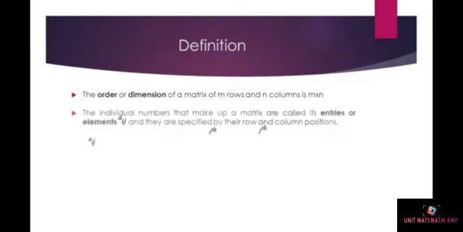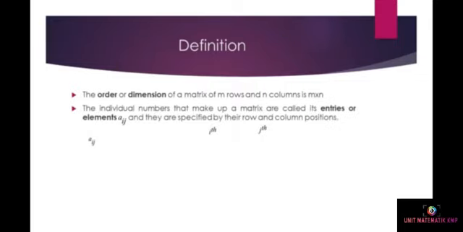The individual numbers that make up a matrix are called its entries or elements, Aij, and they are specified by the row and column positions. The entry in the i-th row and j-th column is denoted by Aij.